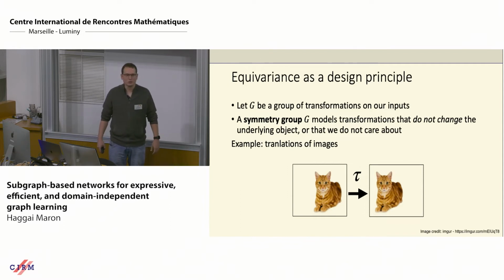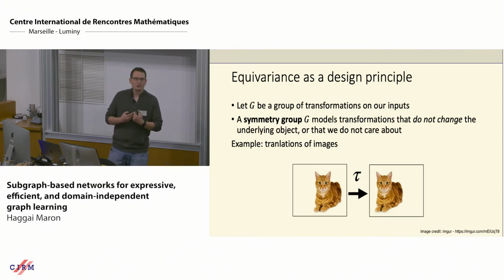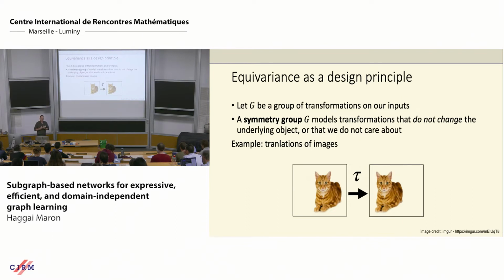A good example here would be to think about images and to think about translations. And we are going to call this group a symmetry group of the input if those transformations are not really relevant to what we are trying to obtain or what we're trying to compute from those graphs or from those images.